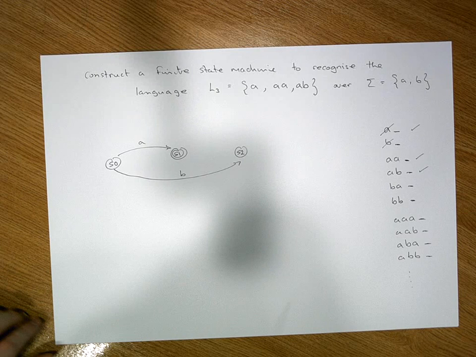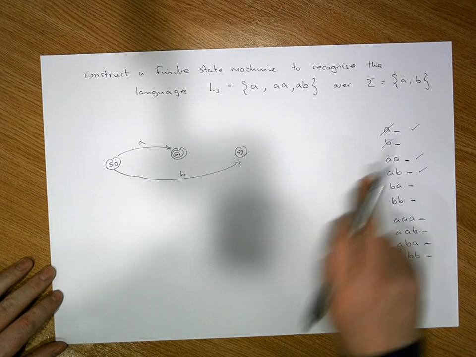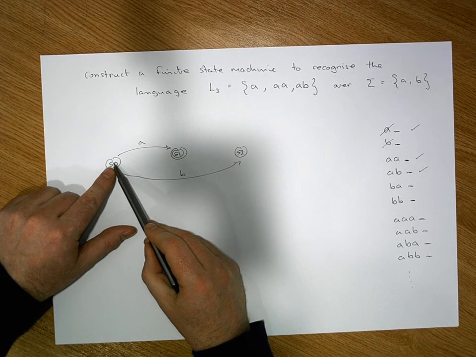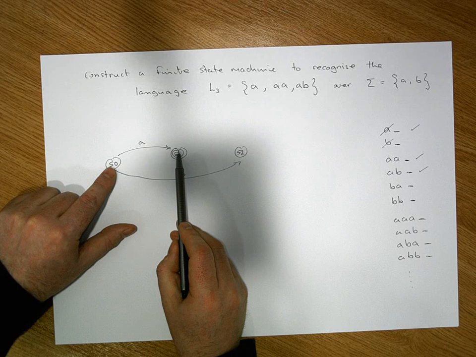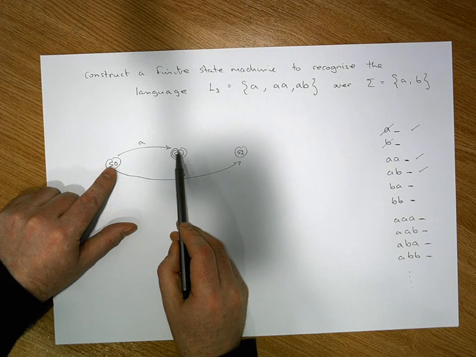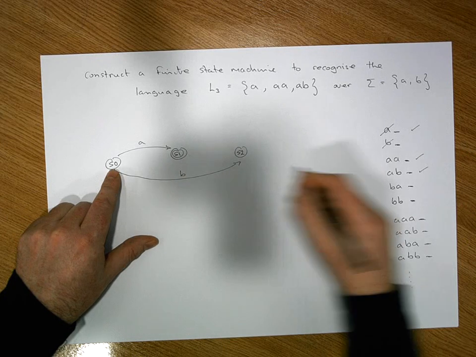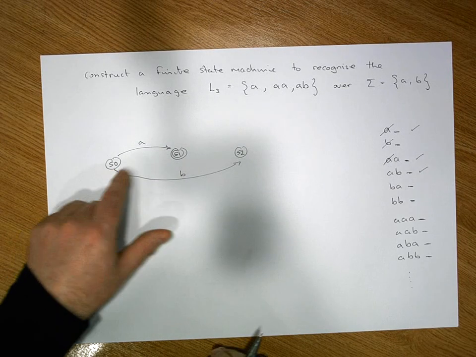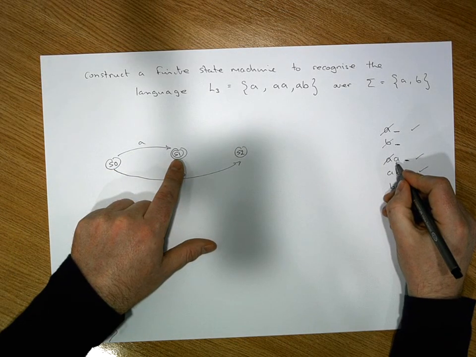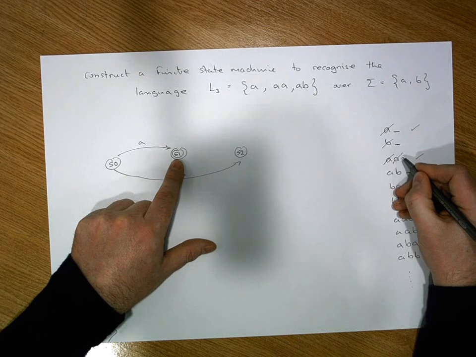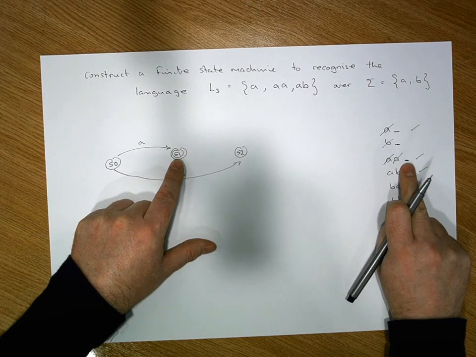What about AA? When we read the first A, it consumes it. When it reads another A, it should consume it, and it should be in a final state.